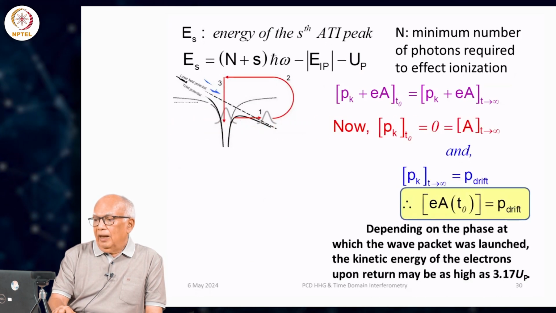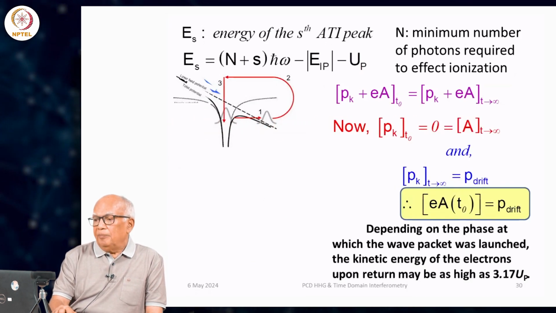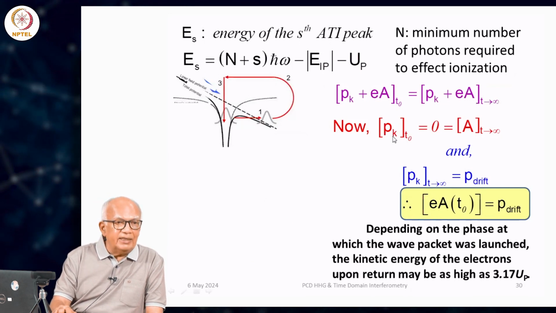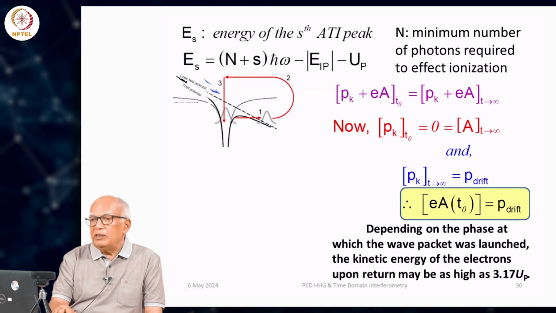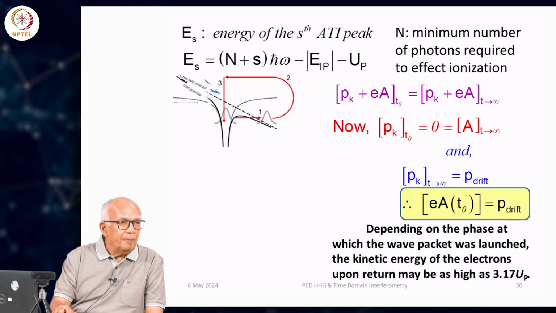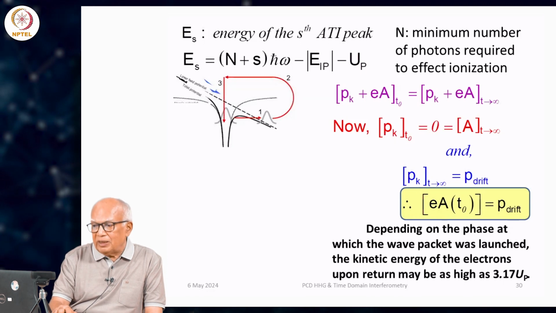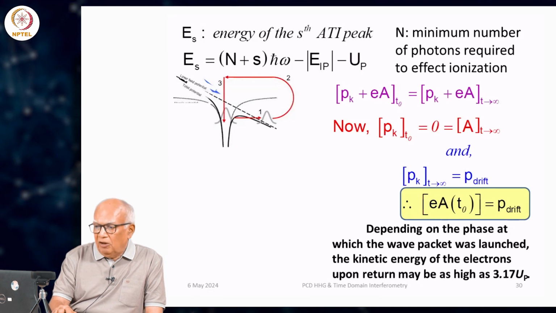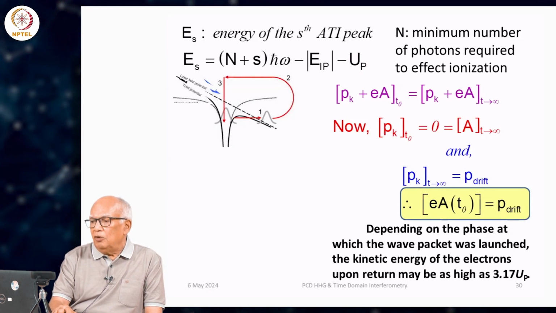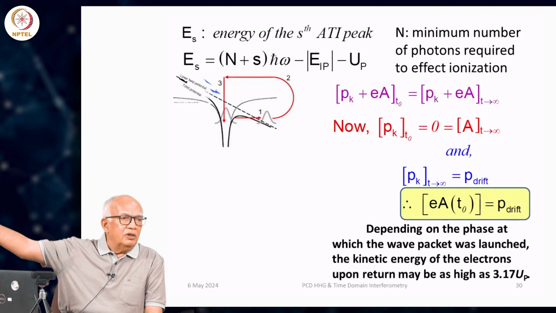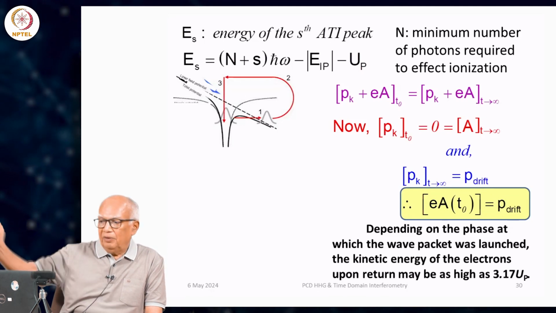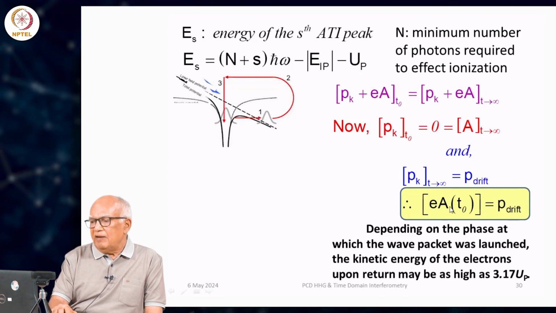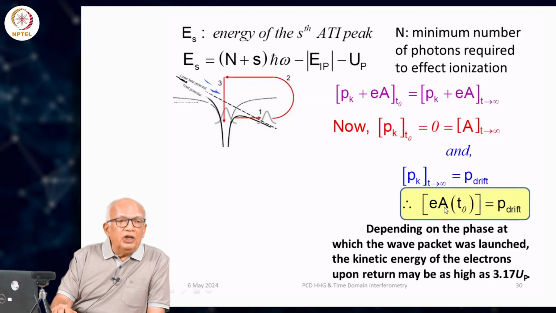And you know that initially the kinetic momentum, the subscript k is for kinetic. For canonical momentum I use the subscript c, and for kinetic momentum I use the subscript k. Canonical momentum I have not used on this slide anywhere as yet, but the canonical momentum at t0 is 0, which is also what happens to the vector potential. And that means that the drift momentum is equal to the vector potential at time t0.